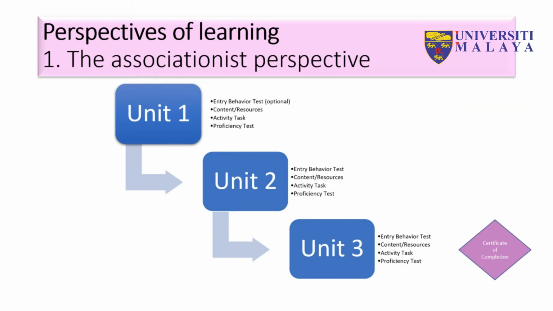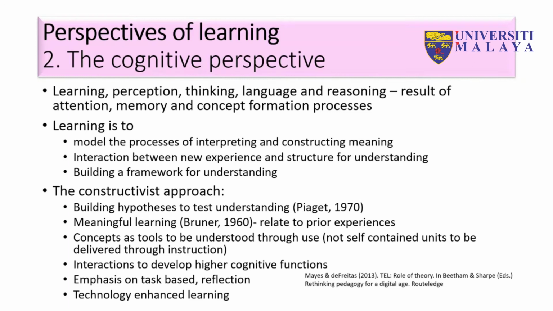There are many courses which have this instructional design approach and associationist perspective. The second approach I'm going to show you, and after that, it'll be up to you to decide. There are 3 approaches. This one is the cognitive approach.